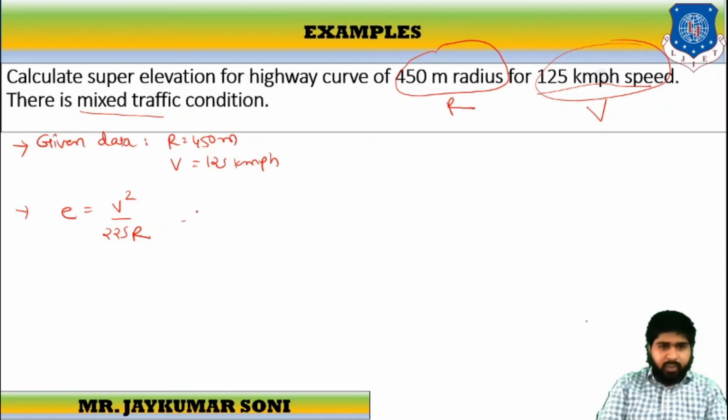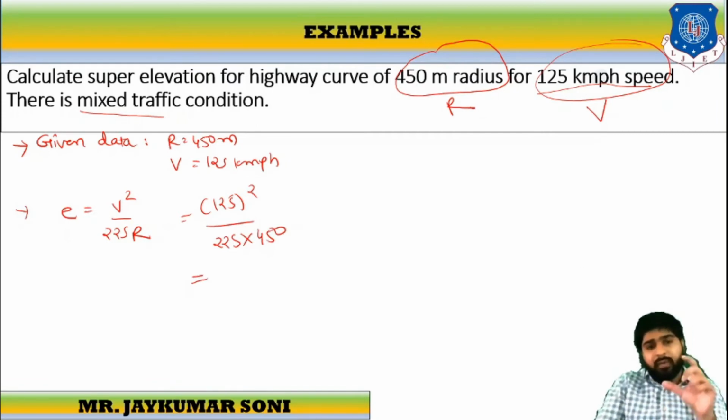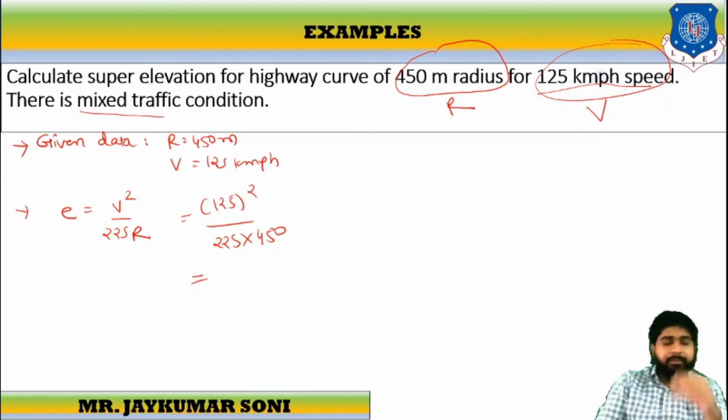So 125 whole square by 225 into 450. Put the value and tell me what is the final value of E that we are getting over here.